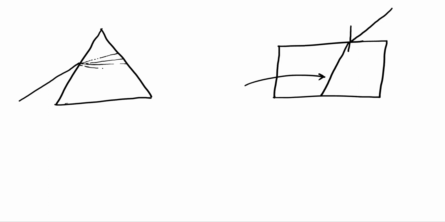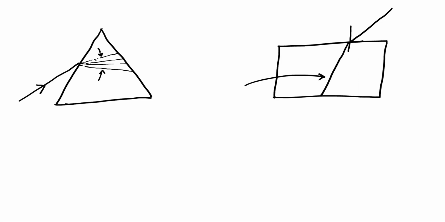Due to the less distance traveled here and the more distance traveled there, because of this unequal distance traveled by the waves, the spectrum or scattering of light takes place. It means if white light is incident over here, it gets split into 7 colors because of this unequal distance traveled by the light.